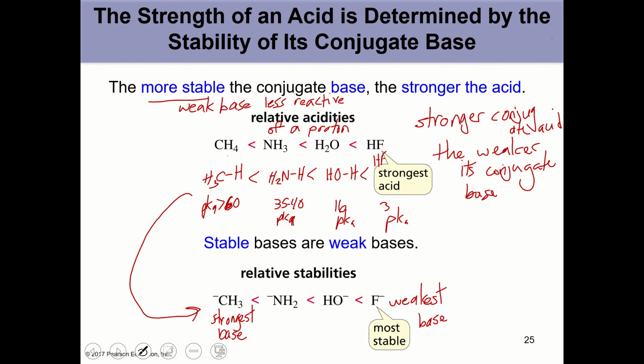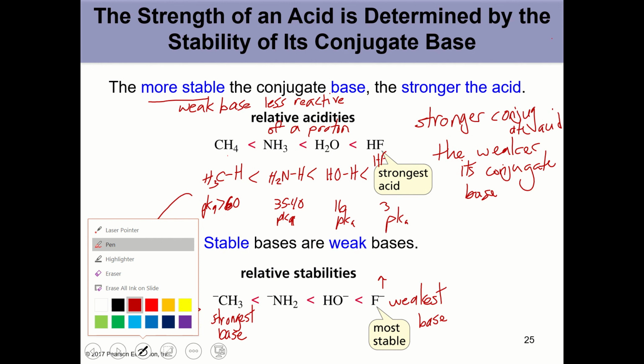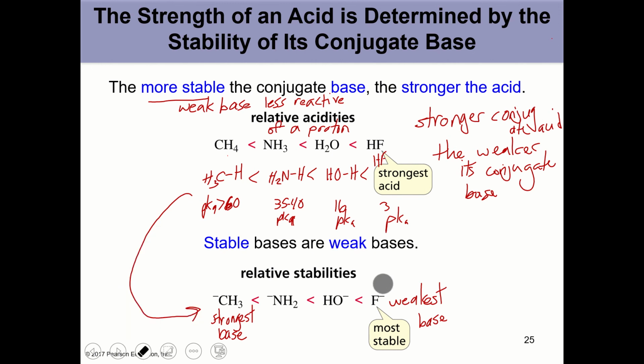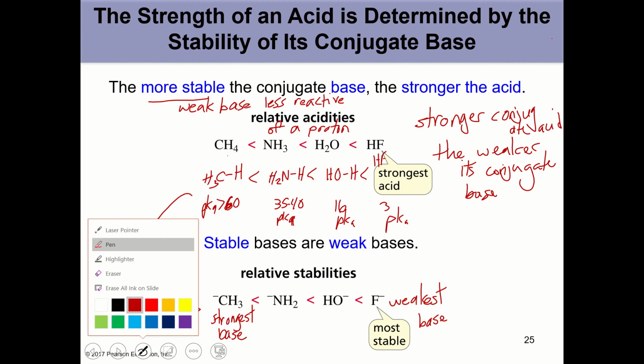If you're asked to compare base strength, you either have to know the periodic trend or you have to be able to think through the process of taking the base, converting it to its conjugate acid, and looking at which is the strongest acid to determine which is the weakest base. So let me write that out on the side.